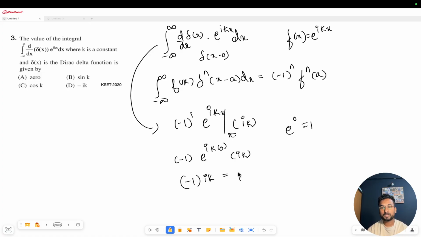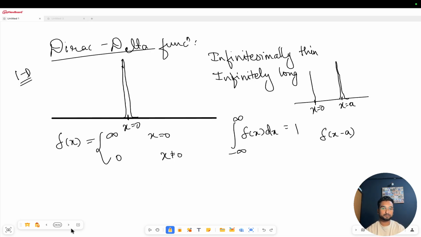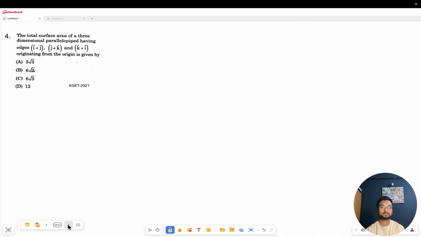So your value will be minus iota k. So option number D is correct. This is how you solve the question on the Dirac delta function.